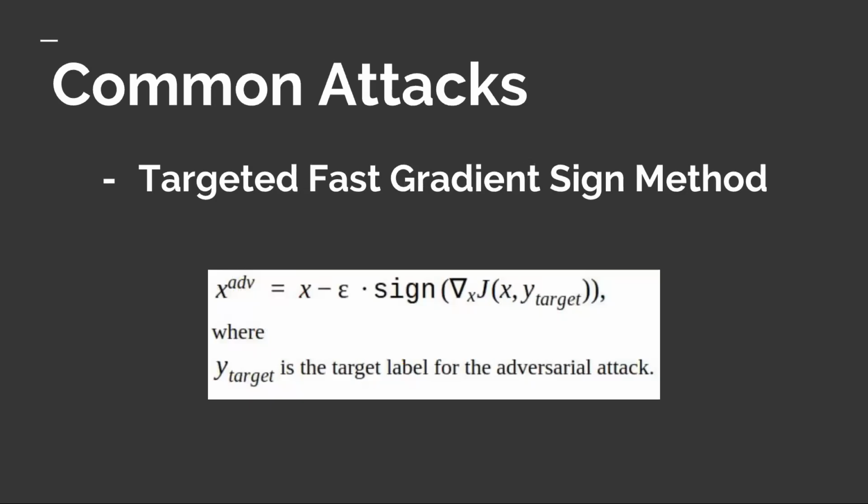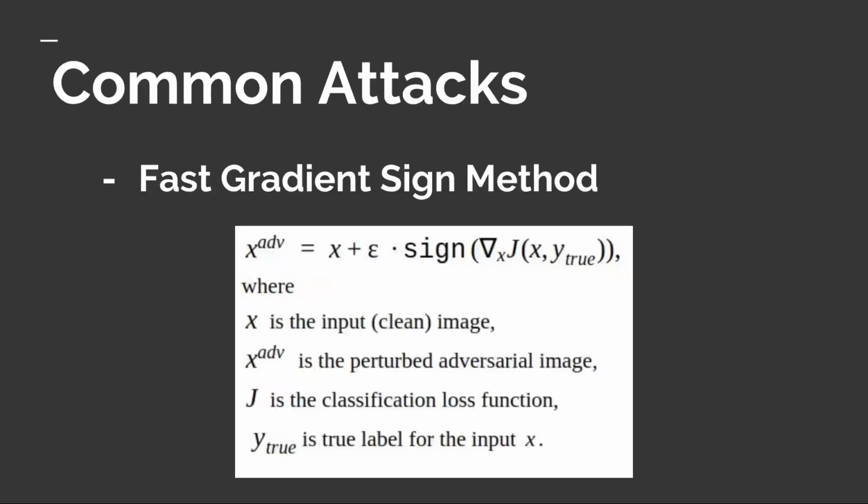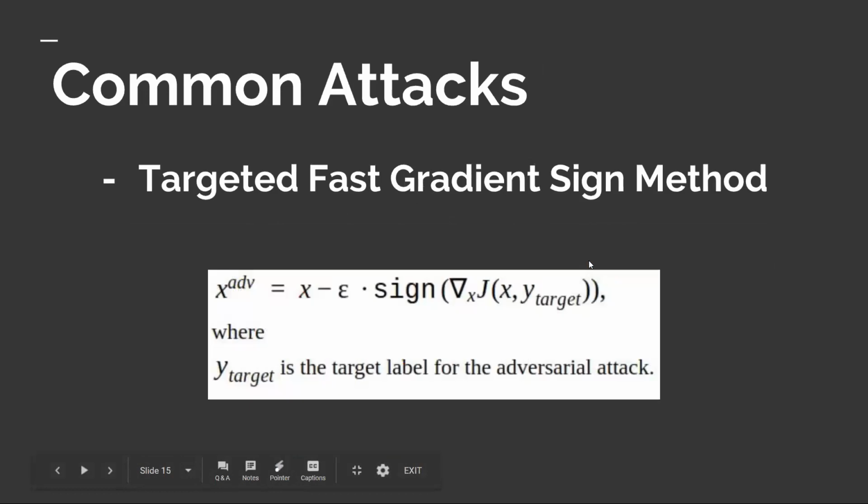So this is a variation of the first one. This is a targeted fast gradient sign method, where here we see that you have a true label. You're going away from the true label, so you're basically trying to misclassify. Here we see a negative sign. That means you're going closer towards this target. Say in the first image I'd shown, if you want the dog to be misclassified as an ostrich, I would be passing ostrich here.